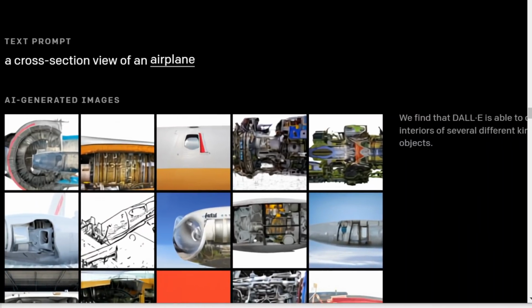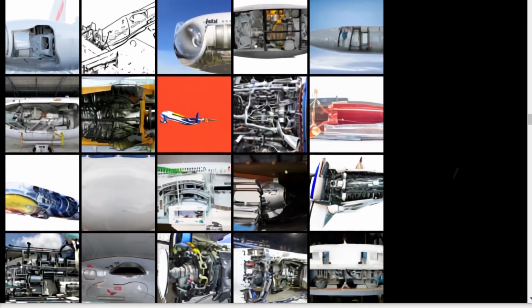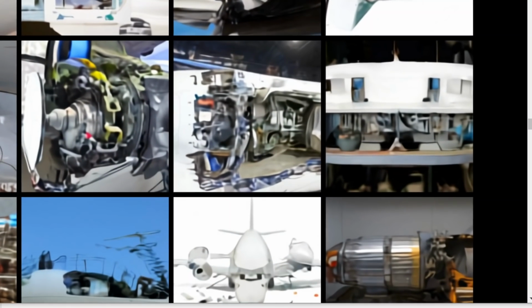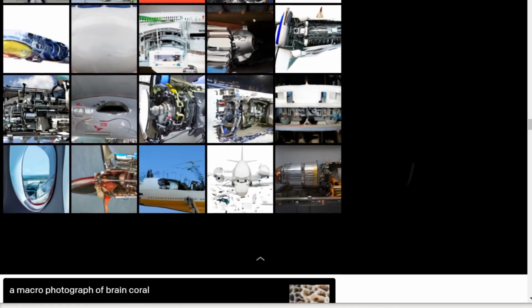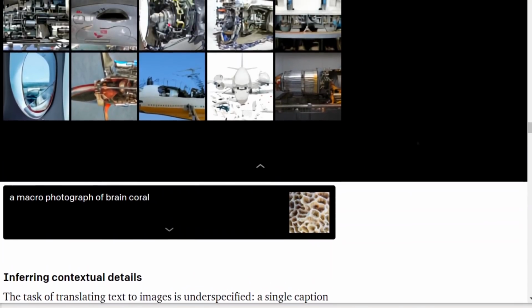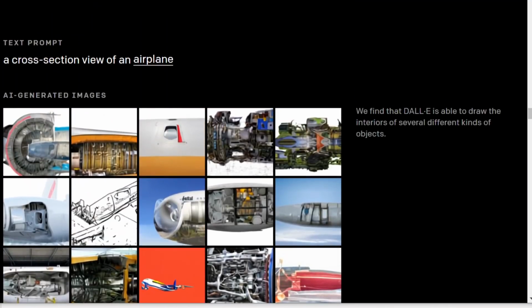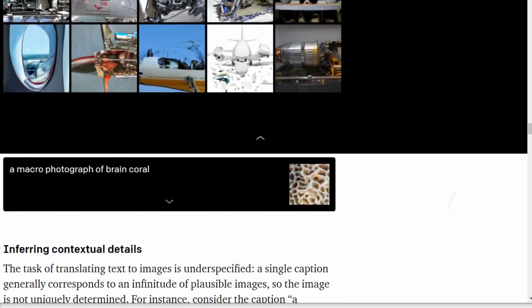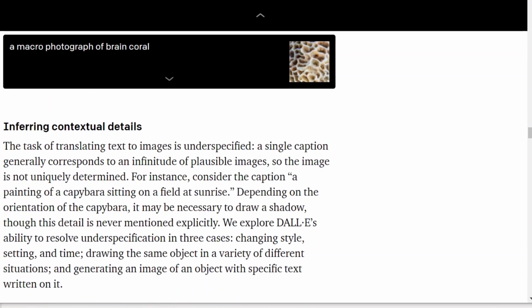So it sort of just focuses on airplane, and then with cross section it probably knows that it should somehow display some of the interior, so it just produces some stuff that matches this. As I said, if it can't make the likelihood high of all of the things, what it tends to do is just focus on one of the things and just make that likelihood high, which is reasonable for a model.